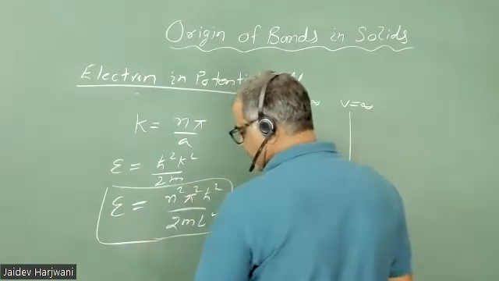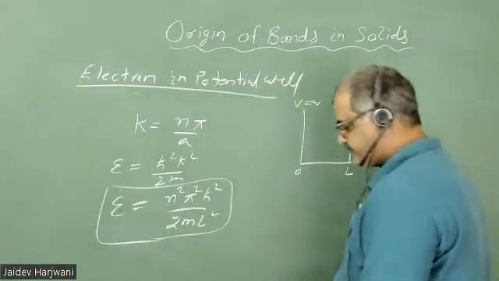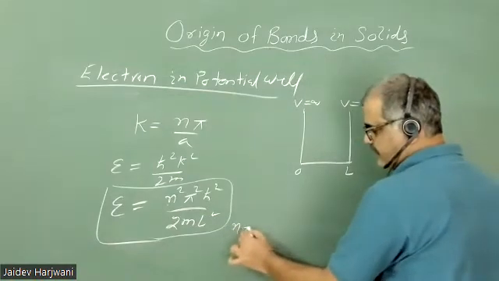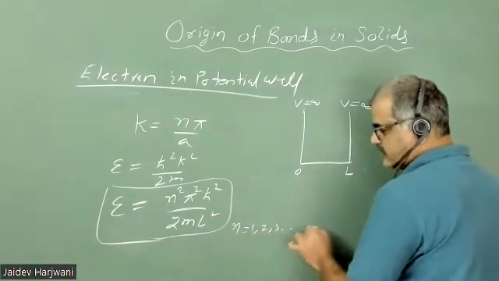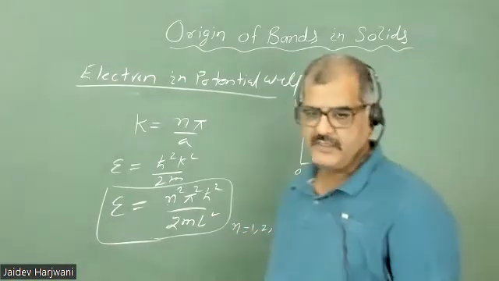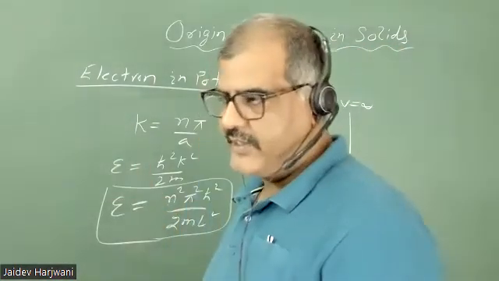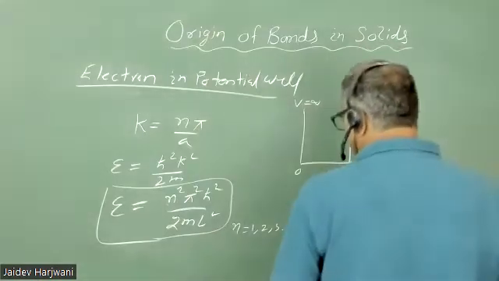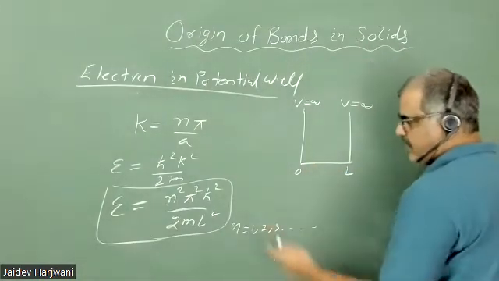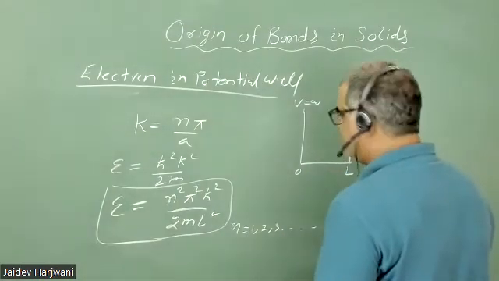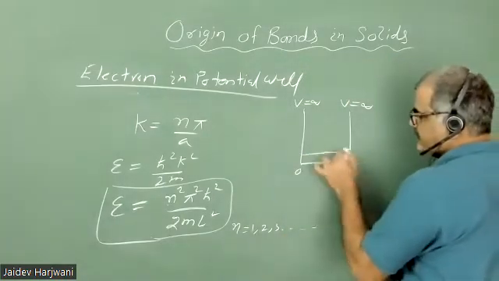Here n starts from 1. N is 1, 2, 3, and so on. That means if you put the electron in the potential, then instead of having a continuous energy level, because k is now discrete, you get discrete energy levels.